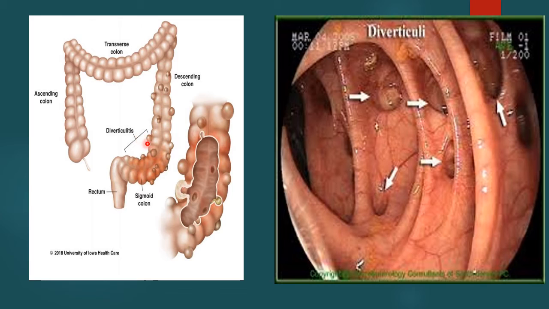Diverticula are acquired diseases which consist of outpouching of the descending colon and sigmoid colon due to the aging process. When you open it, you will see the openings of these diverticula. Here, the colonoscope picture shows multiple openings in the mouth of the diverticulum. The bleeding occurs within this diverticulum, in the dome of the diverticulum.